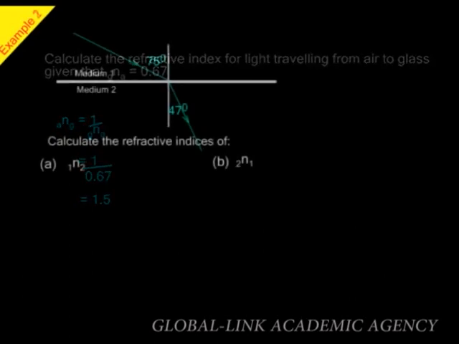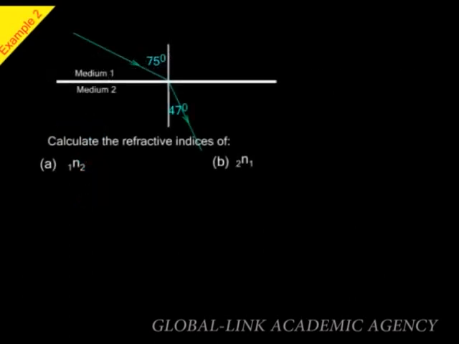Let's take another example. A ray of light striking a transparent material is refracted as shown on your screen. Calculate the refractive indices of A, N1 to 2, and B, N2 to 1. In the solution, N1 to 2 is equal to sine 75 degrees over sine 47.